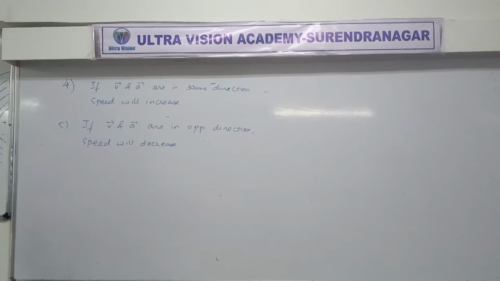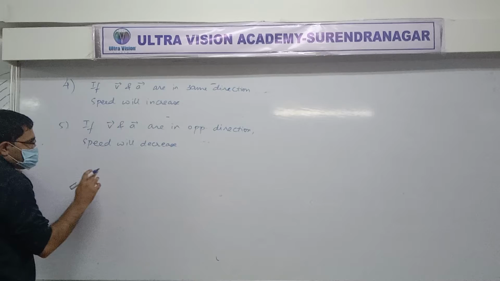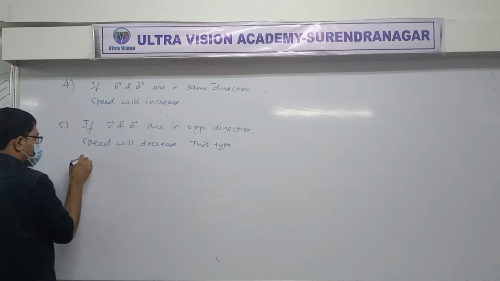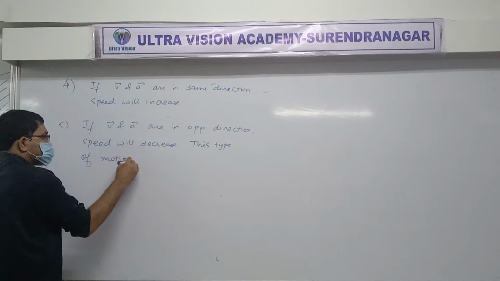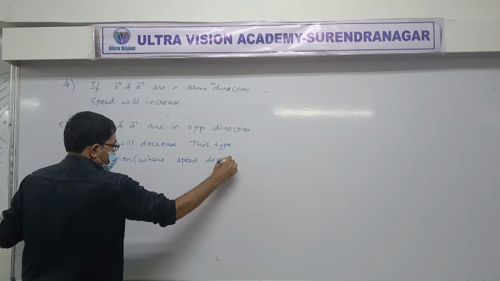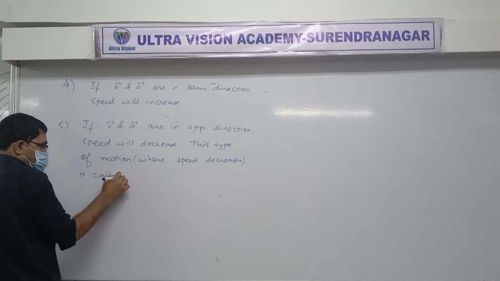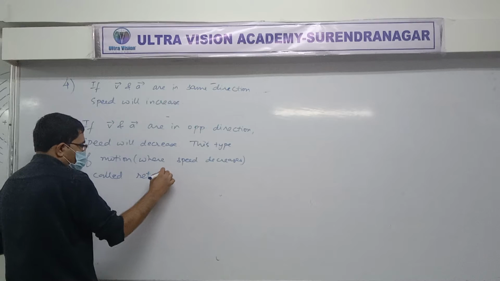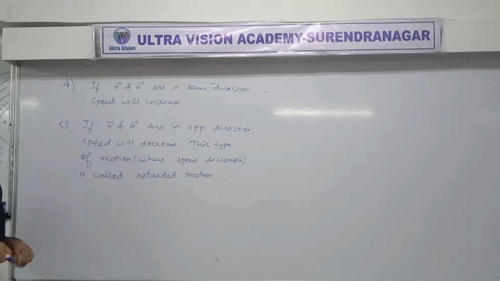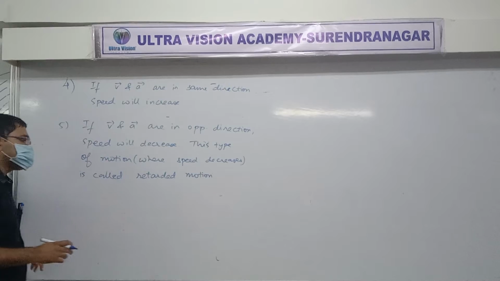This type of motion where speed decreases is called retarded motion. Retard means to slow down. In retarded motion, the object will slow down. The speed will decrease.